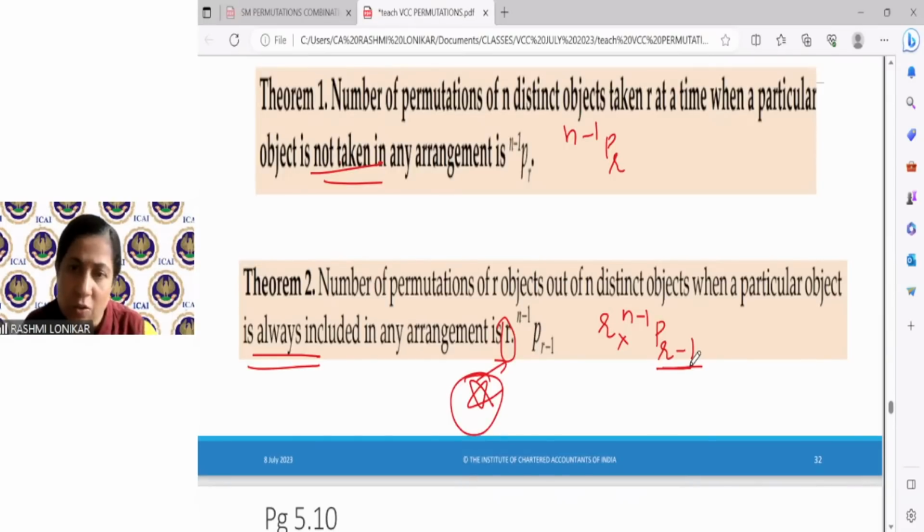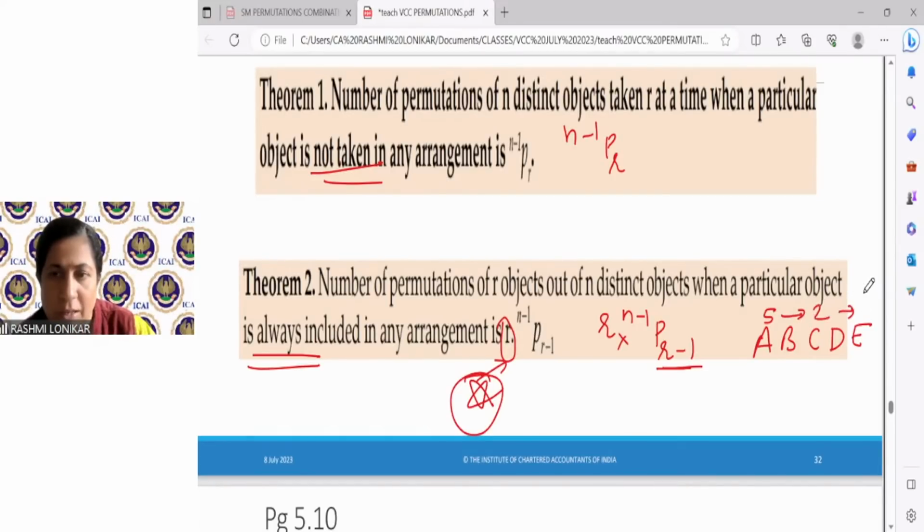Suppose out of 5 objects A, B, C, D, E, I have to make pairs. From these 5, I have to select 2, and I'm saying A is always there.